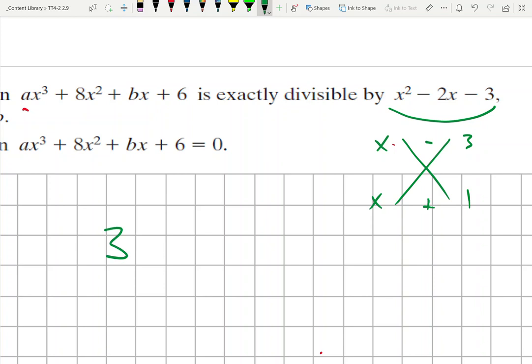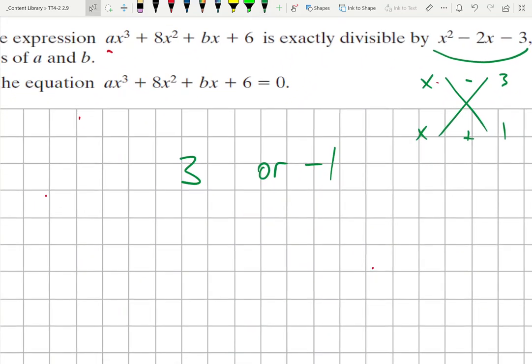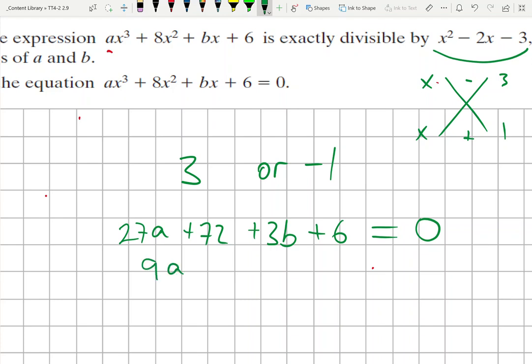I can't even remember now. 3 or negative 1. Negative 1.